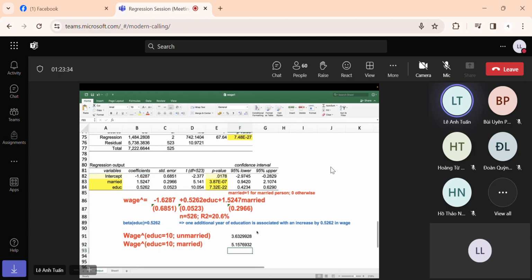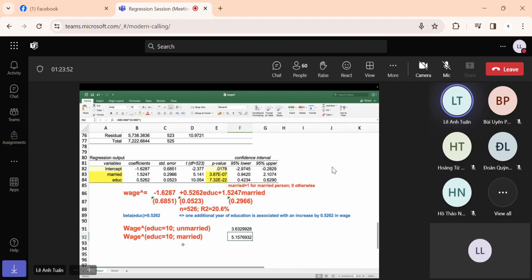So you can see here, this is the expected wage for the unmarried people with the education level 10, and here is the wage for the married people with the same education level. So what is the difference between the two of them? It is the one here minus the one here.